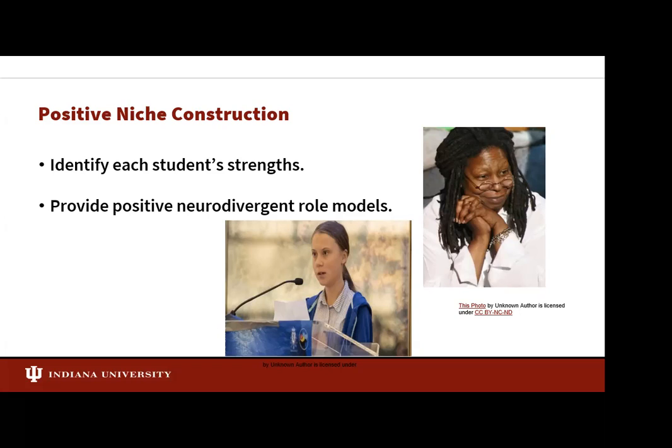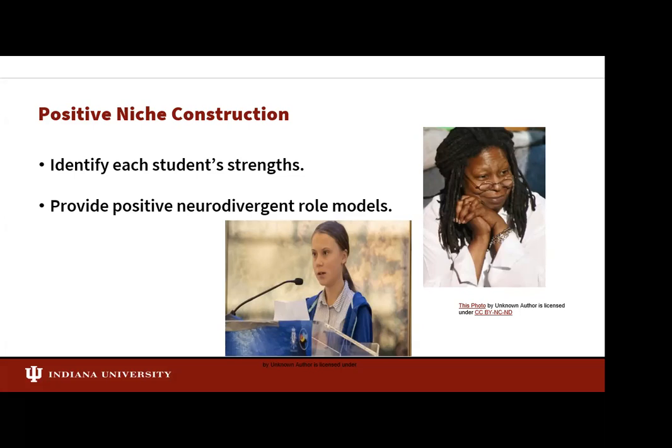And also we need to establish in our educational systems positive role models that are neurodivergent themselves, like the two famous and awesome ladies on the screen, Greta Thunberg and Whoopi Goldberg.